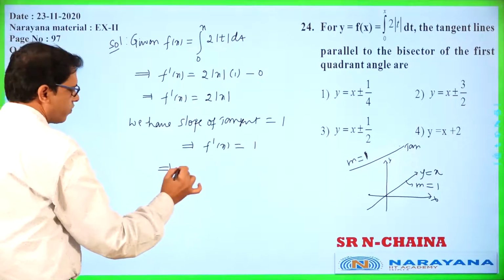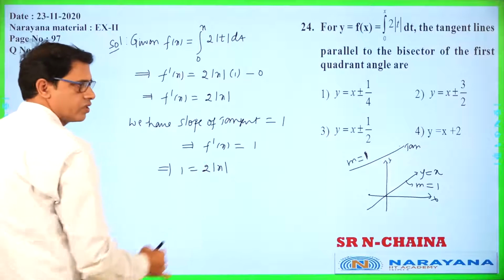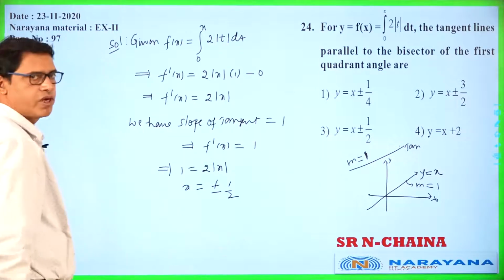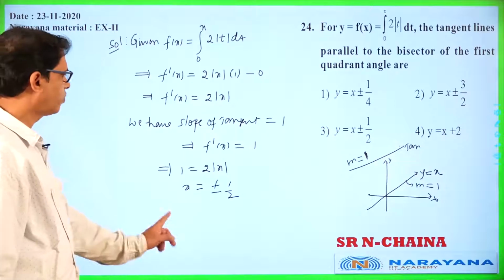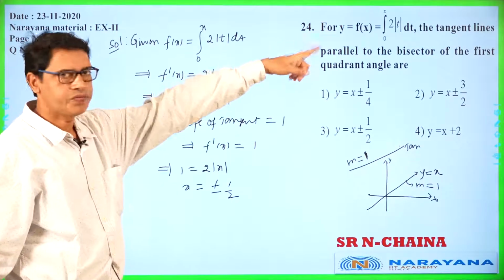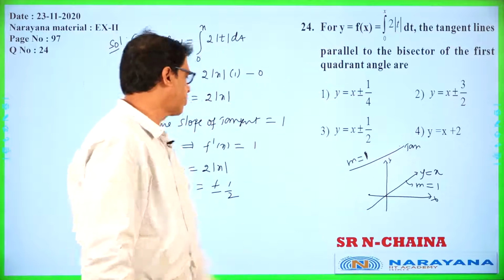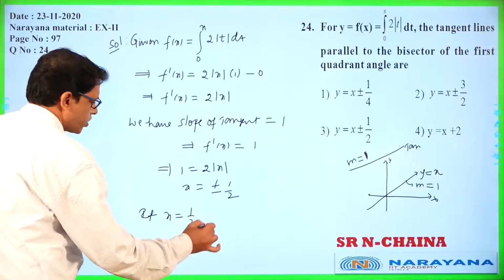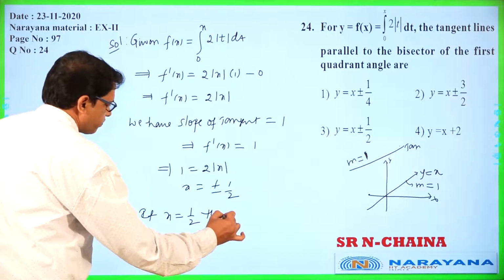Equating, 1 equals 2 into mod x. From this, x equals plus or minus 1 by 2. If x is 1 by 2, apply the y value.